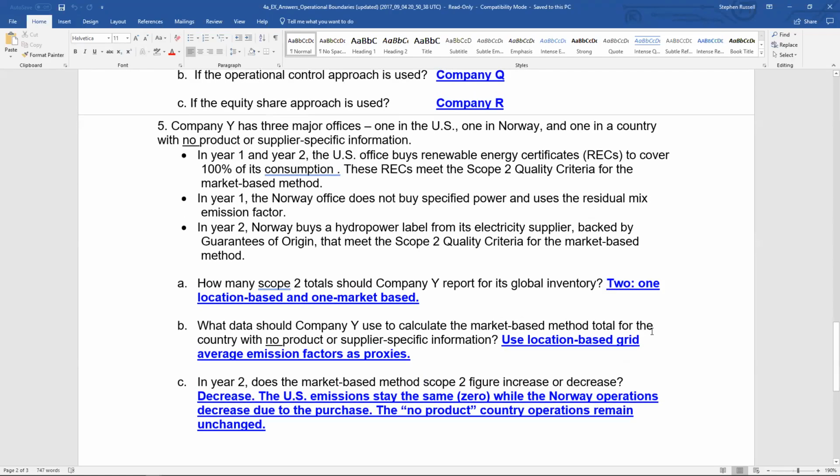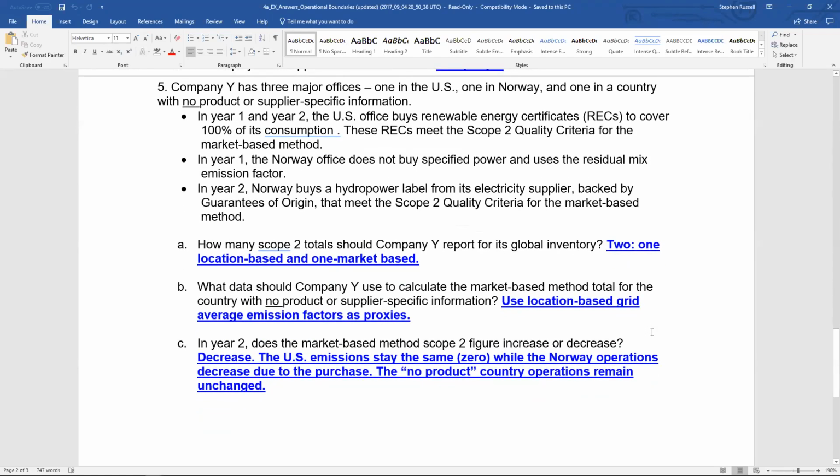And finally, in year 2, does the market-based method Scope 2 figure increase or decrease? The answer is it decreases because the US emissions stay the same at 0, while the emissions reported by the Norwegian office decrease. And the no product country operations will remain unchanged.